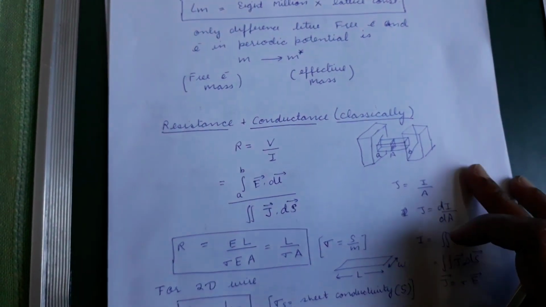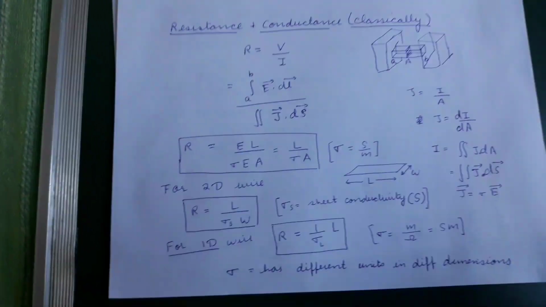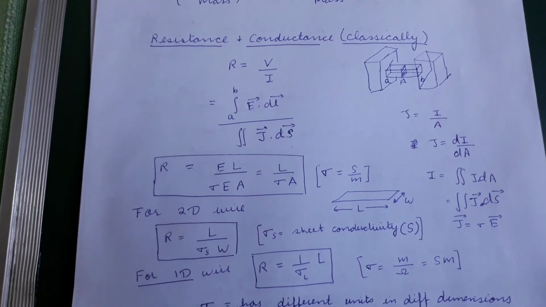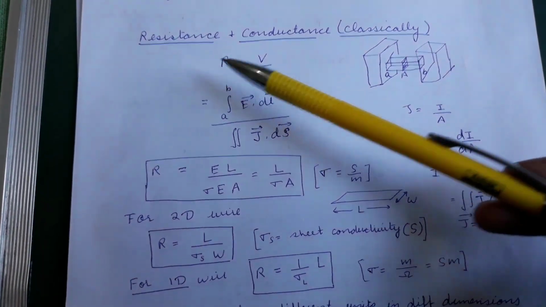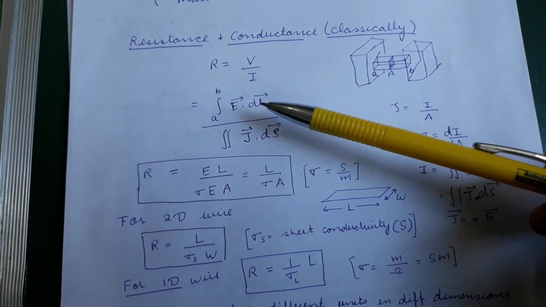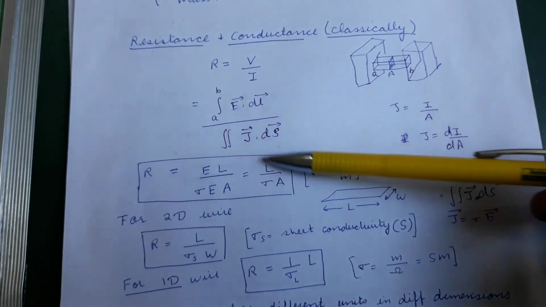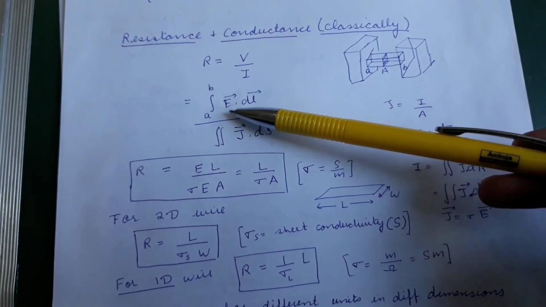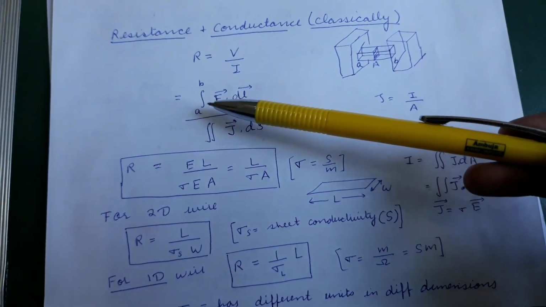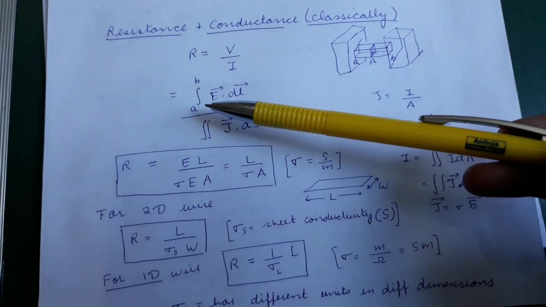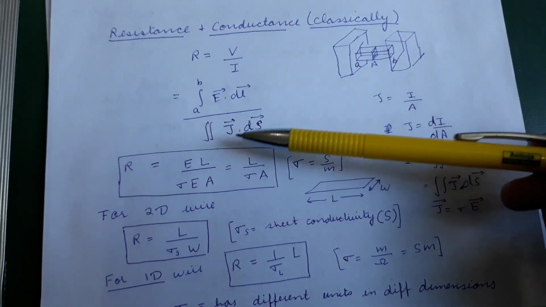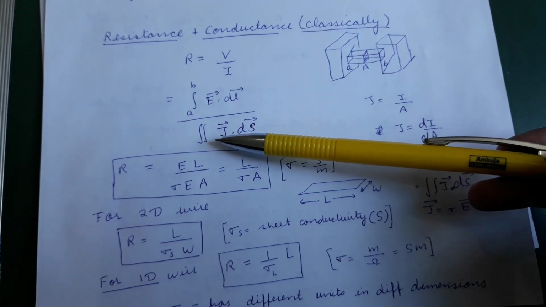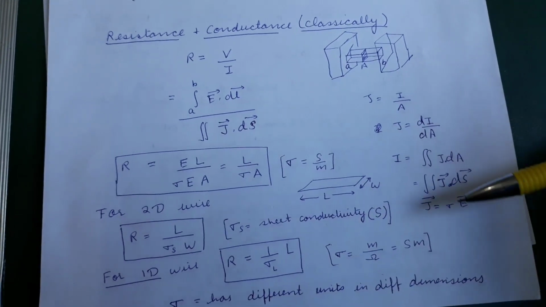So let's also discuss how resistance and conductance will be classically. We know that resistance is given by V upon I, and these relations are very commonly known because the change in potential is the integral of the dot product of electric field and the length vector, while current is actually the surface integral of current density and the area vector.